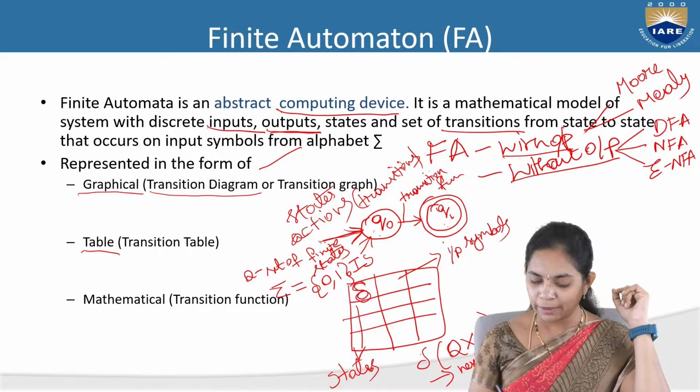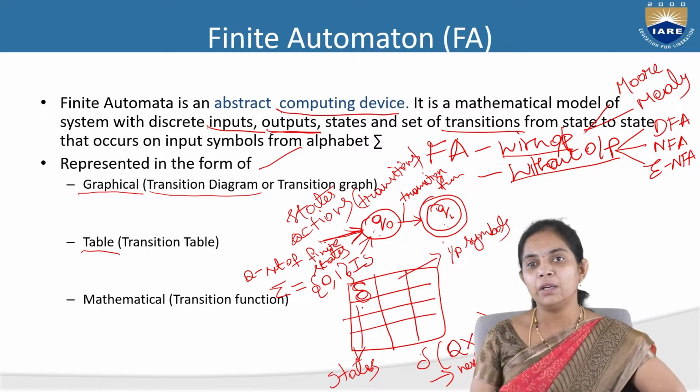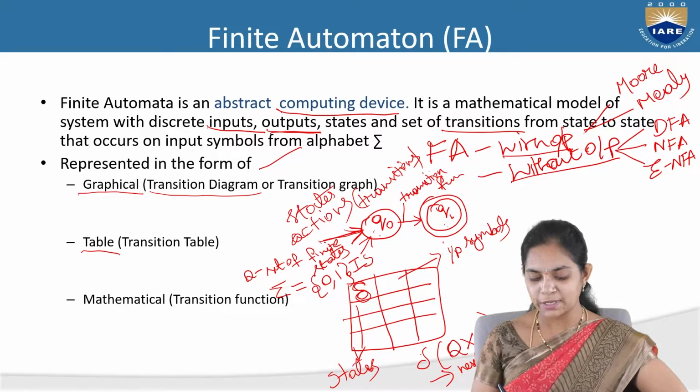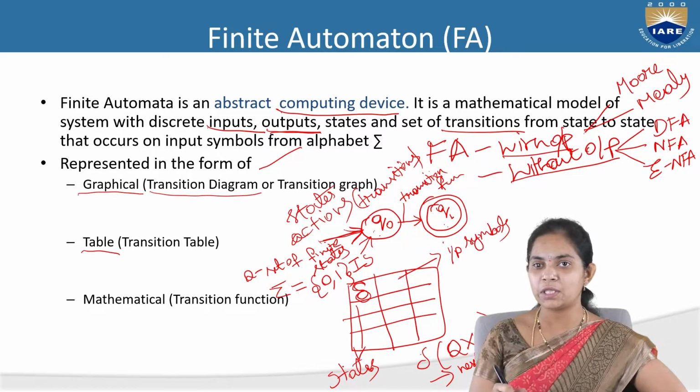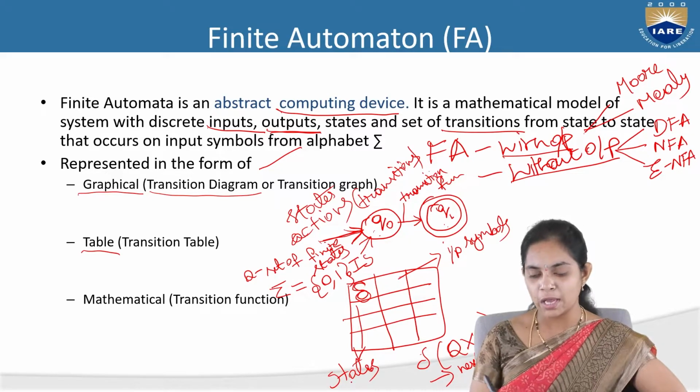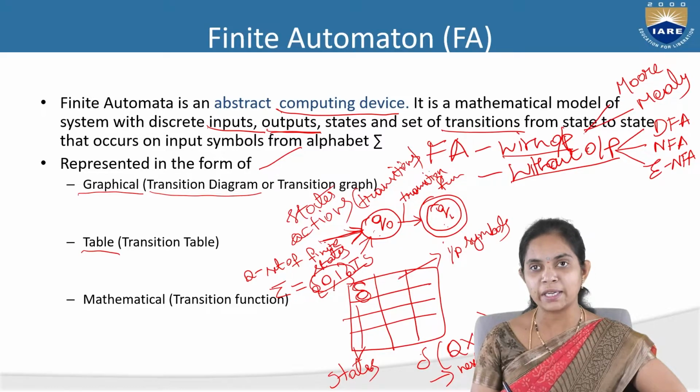And this is about the table. In the table we have two things. The rows represent the states: however many states we have in the diagram, we represent all the states in the rows. And we have the input symbols: whatever symbols sigma contains, we represent in the columns.